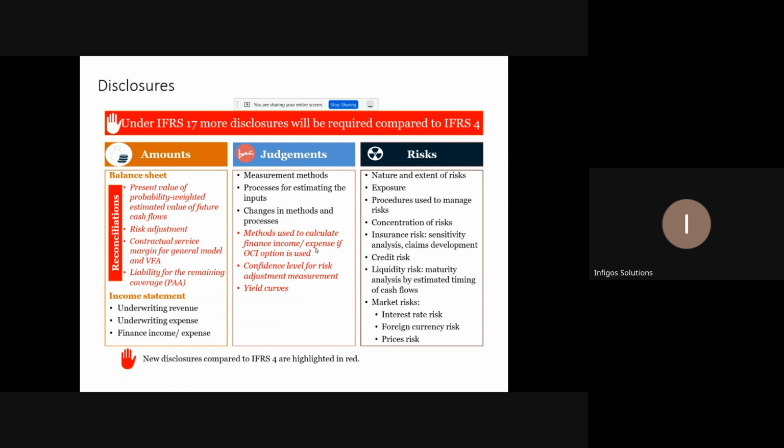So all these reds are new things. All the rest in black are already in place in IFRS 4. It also introduced confidence intervals for different calculations. For instance, if you are going to calculate the risk adjustment, it will talk about confidence interval.